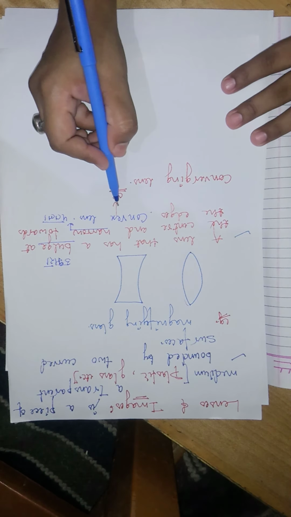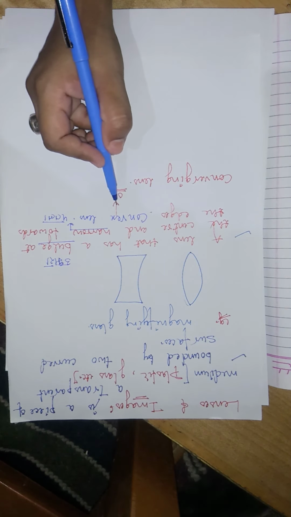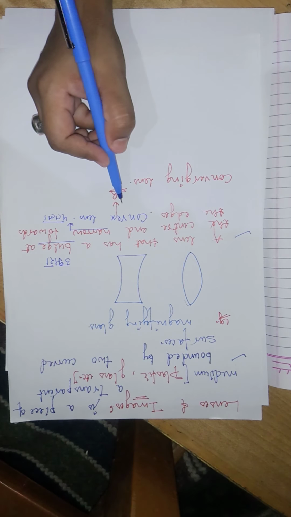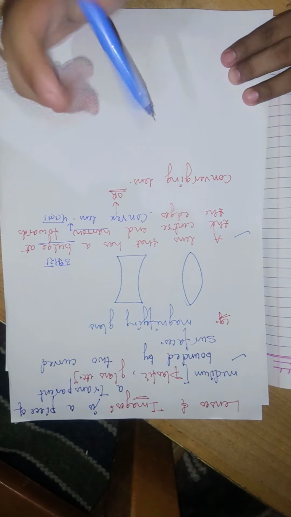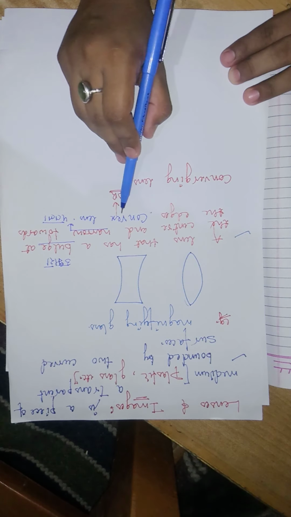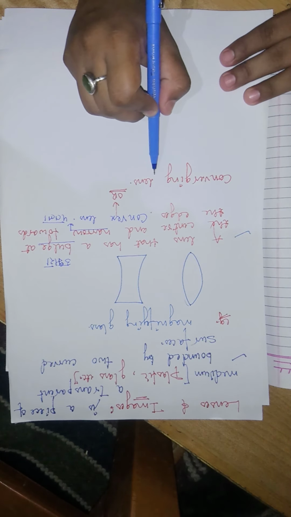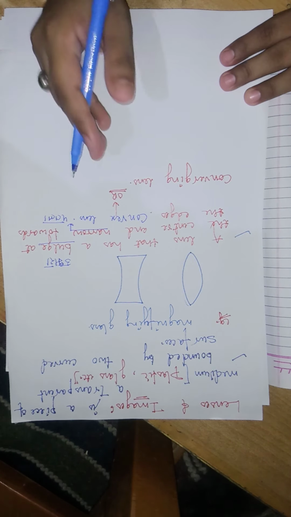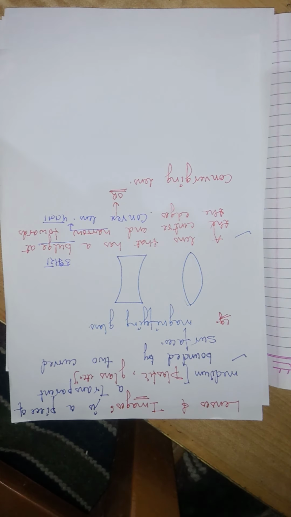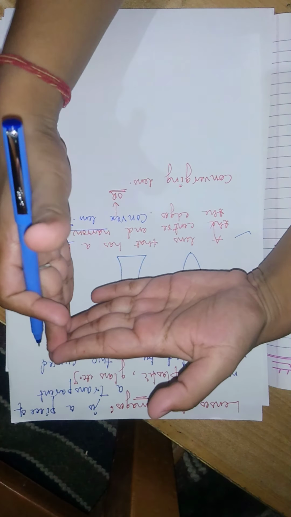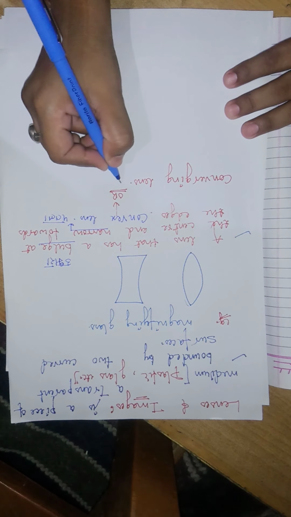See, in the case of convex mirror, they are known as the diverging mirror. ठीक है, उल्टा हो जाएगा. And in case of lenses, convex lenses are known as the converging lenses. Why converging? As I told you in the mirror section, converging means मिल जाना. So why are they called converging lenses?